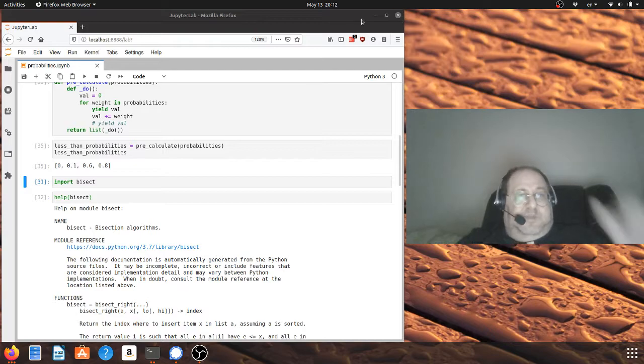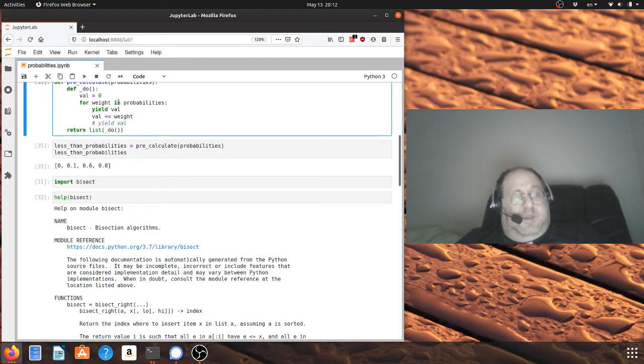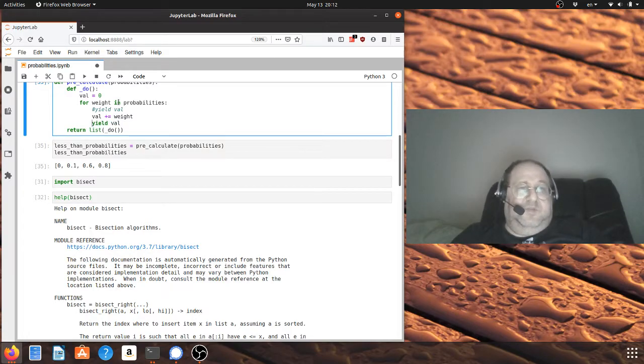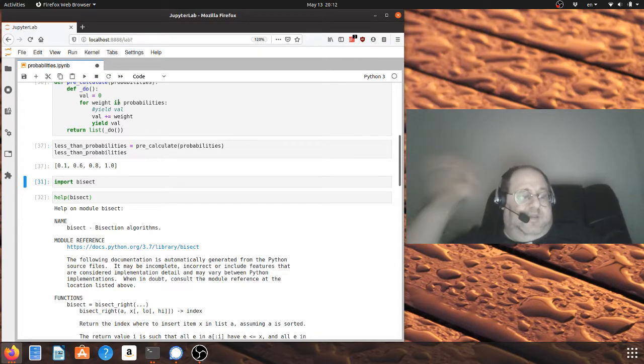Okay, so yes, this is the other convention, right? Which starts with 0 and then 0.8. It's like strictly less versus less or equal to. That's a more convenient convention, but that means we do bisect left.